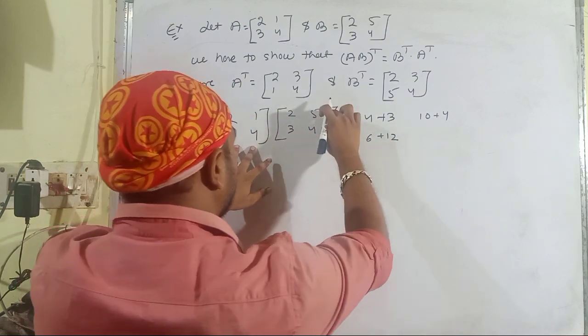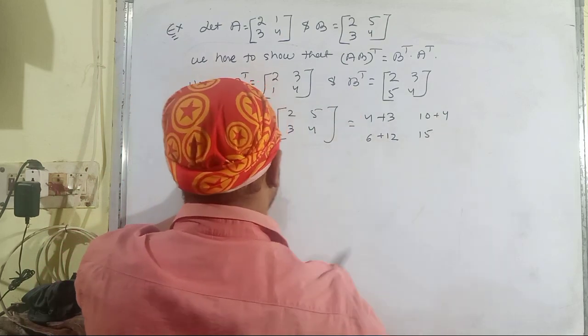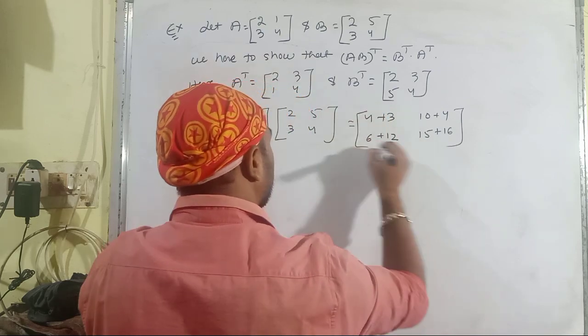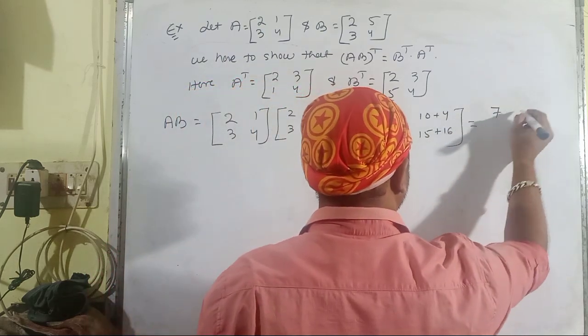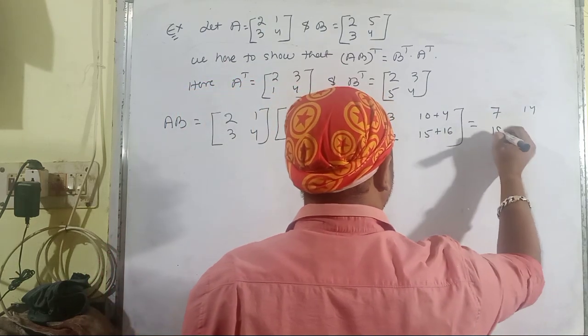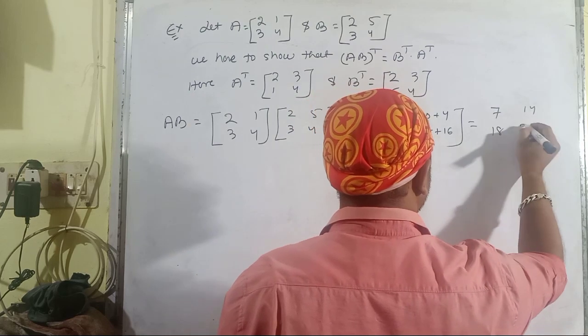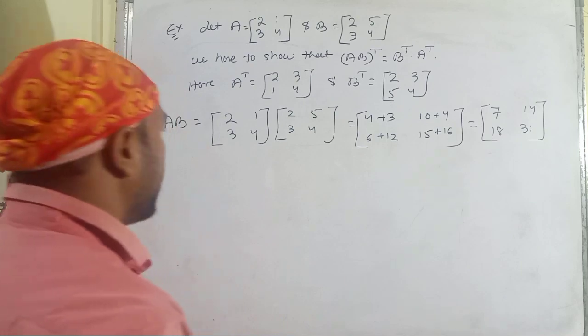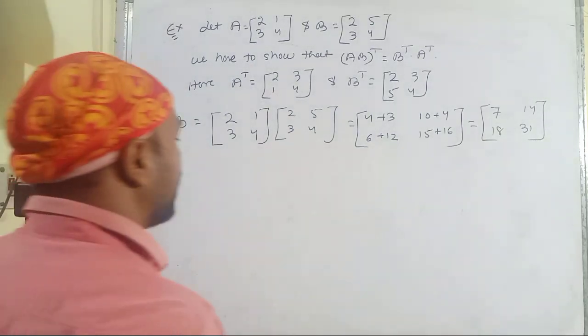Then this 3, 4 with 5, 4: 3 into 5 is 15, 4 into 4 is 16. So it is 7, 14, 18 and then 31. So here it is the multiplication of A and B.